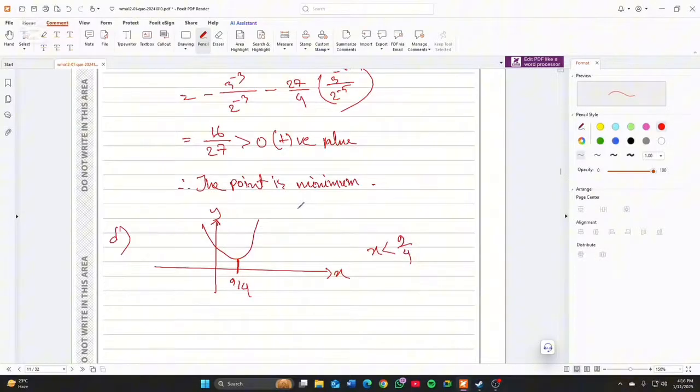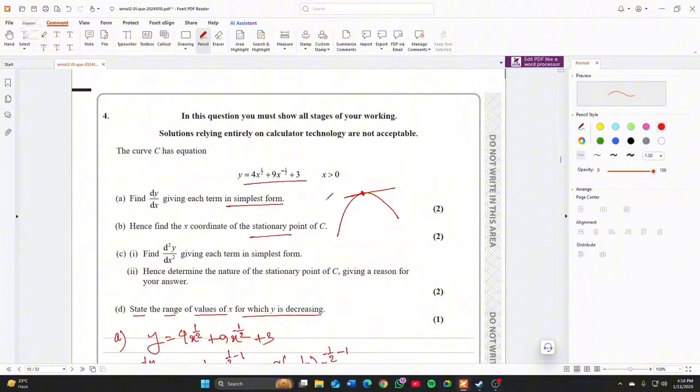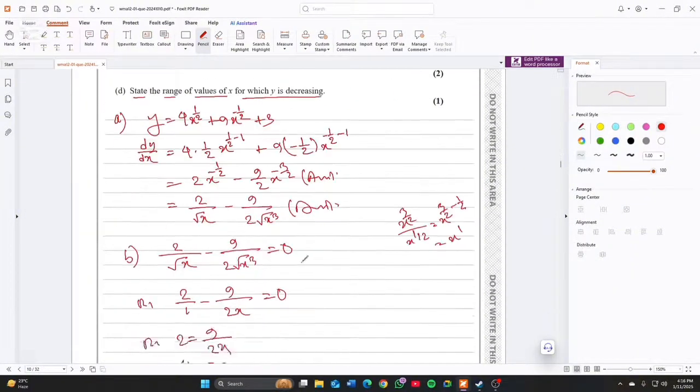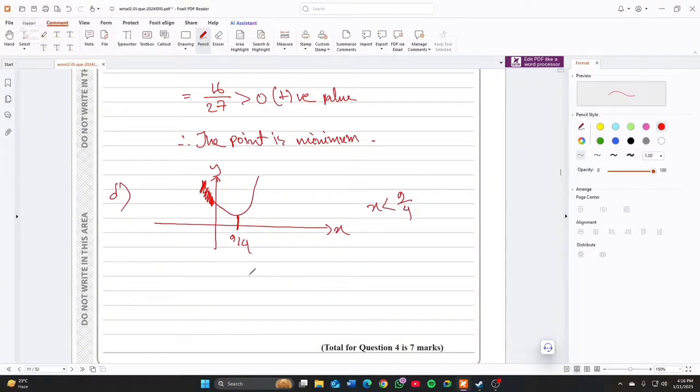And we were given the domain that x was greater than 0, so this part does not exist. The graph actually starts from here. Therefore, the range is from 0 to 9/4, because after 9/4 the graph will be increasing. It's only decreasing from 0 to 9/4.